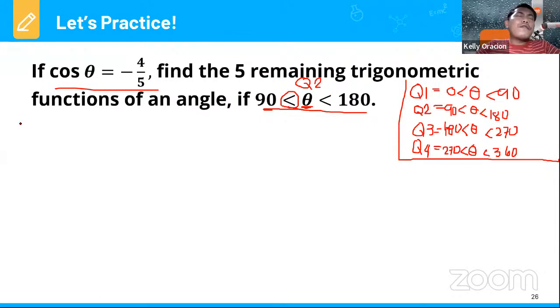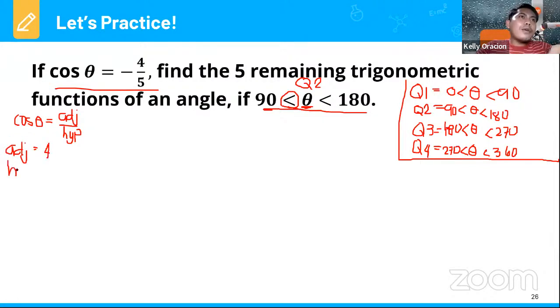So the formula of cos theta is adjacent over hypotenuse. Now, the value of our adjacent is 4.